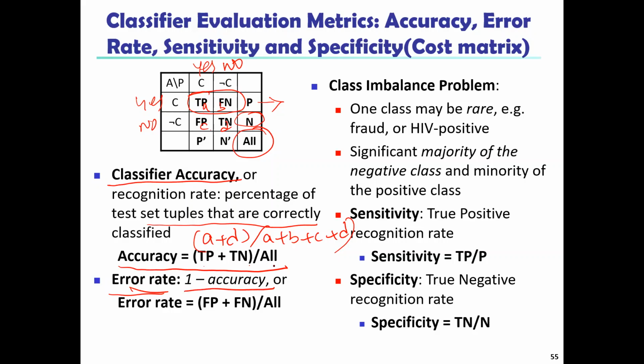It is 1 minus accuracy, or else we can take false positive plus false negative divided by total. And the class imbalance problem: one class may be rare, for example fraud or HIV positive. So how to find out this class imbalance? Using sensitivity and specificity.